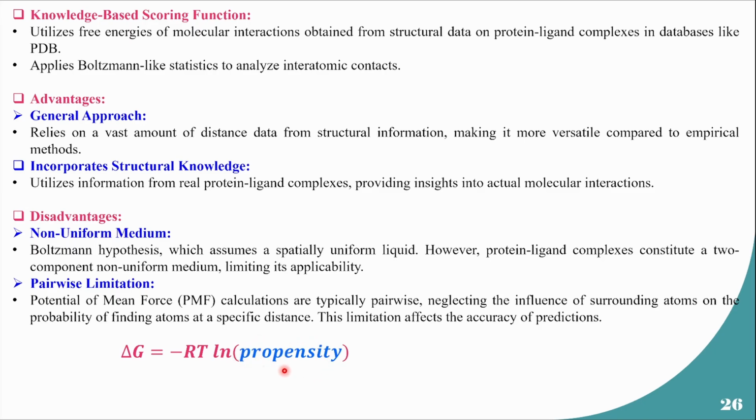In this particular one, they have a propensity value. So these different parameters you can also use as your input, and then you can get the energy values, and you can draw a landscape of the possible space that you are covering there. So that is the overall basis of knowledge-based function.